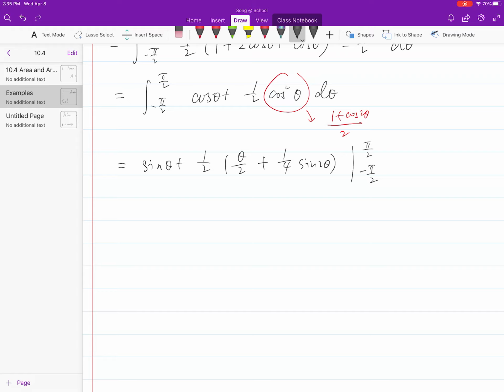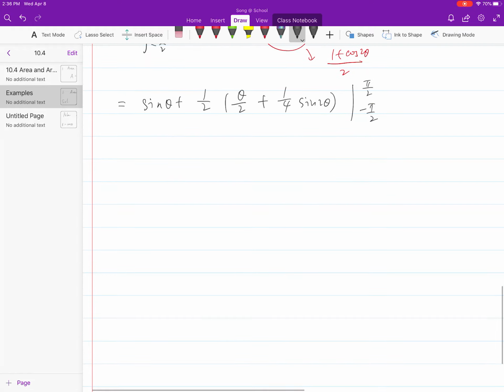And together, what I should really have is 1 plus 1/2 of pi over 4 plus sine pi, which is 0, minus negative 1 plus or minus pi over 4 and sine pi, which is 0.